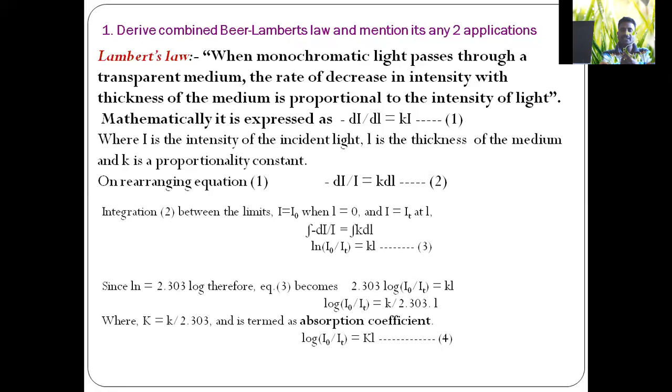Next, log of I0 by IT is equal to k divided by 2.303 into L, where k by 2.303 is equal to capital K, and it is termed as absorption coefficient. Then again, this can be written as log of I0 by IT is equal to capital KL, equation number 4.